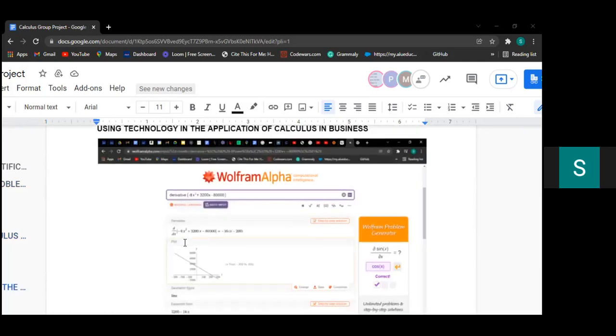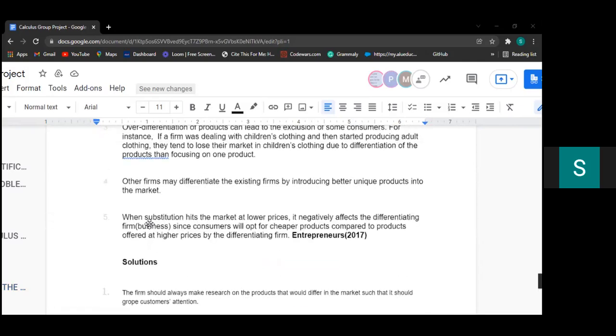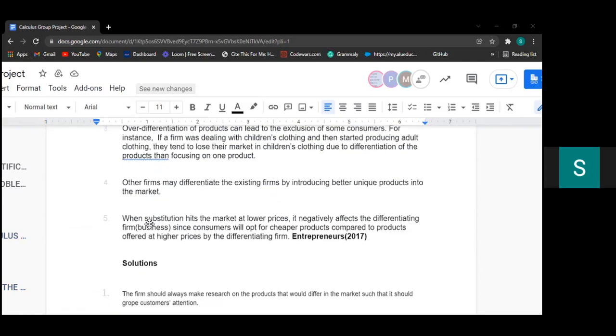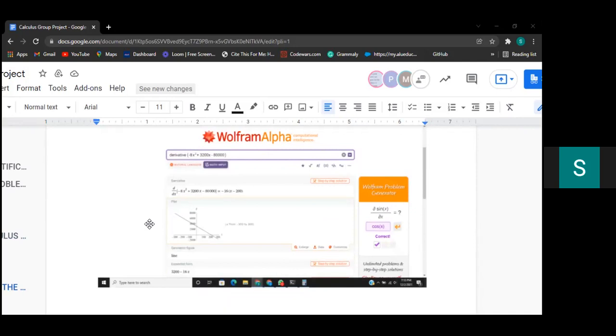In Wolfram Alpha, we input the function and state that we are looking for the derivative because we want to find the value of X. As stated earlier, the value of X should be between 0, where the person rents out no apartments, and a maximum of 250 apartments, so that the client can get the maximum profit.